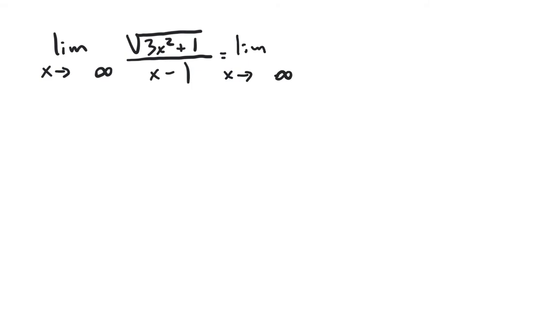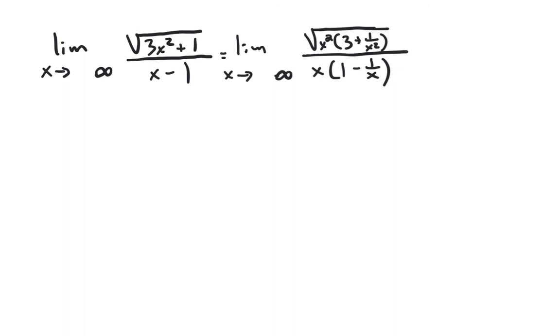And I'm going to write this as the square root of, I'll take out an x squared, and I'm left with 3 plus 1 over x squared in the numerator. And in the denominator, I'm going to take out that x term. So I'm left with 1 minus 1 over x.